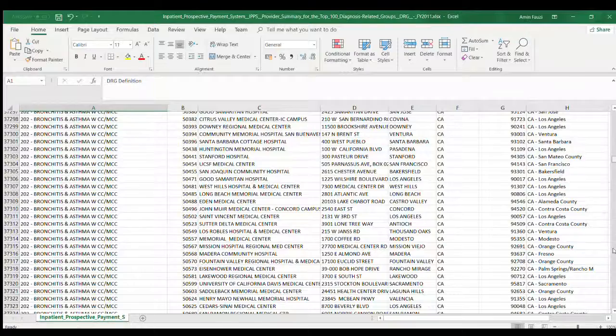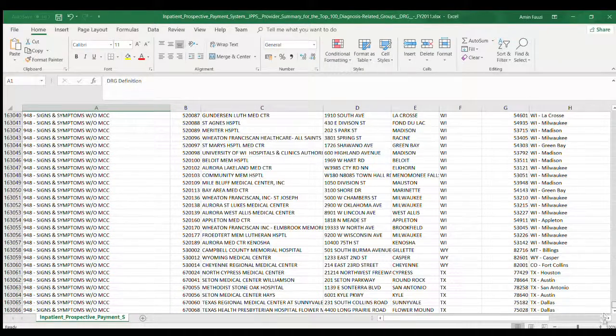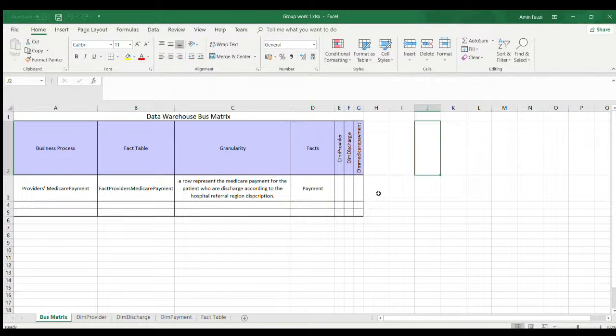We have several data here, and we go to the bus matrix. In the data warehouse bus matrix, we have business process, fact table, granularity, and facts: dim provider, dim discharge, and the last one is the Medicare payment.